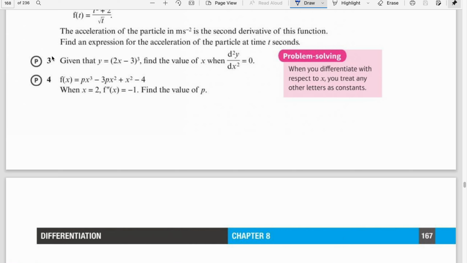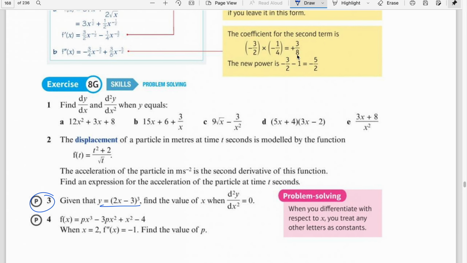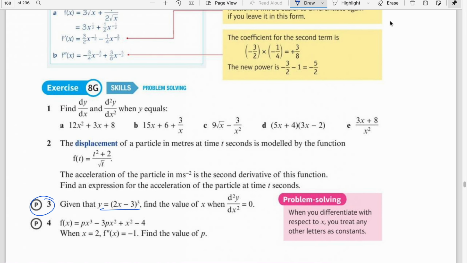Question number 3. Given that y is this, find the value of x when double derivative is 0. So this is y, and let's use this space. Y is equals to 2x minus 3 cube. So dy by dx is 3 times 2x minus 3 whole squared, and derivative of the expression inside the bracket is 2 only.